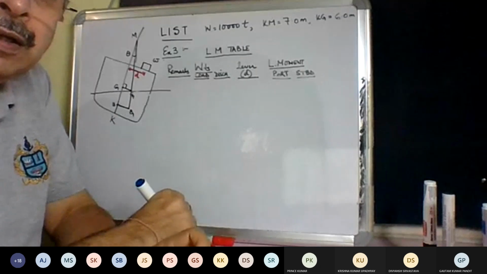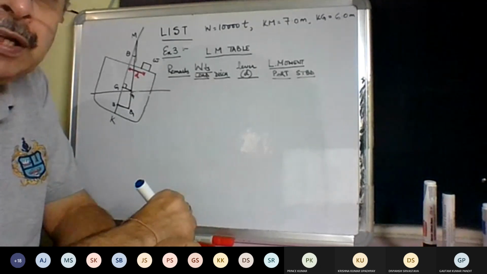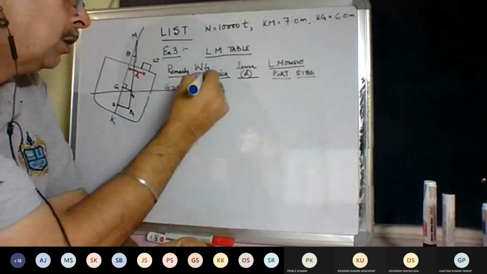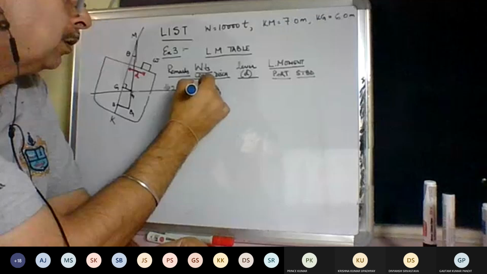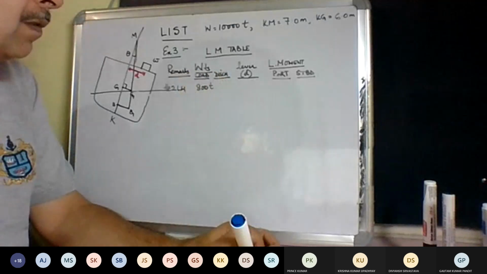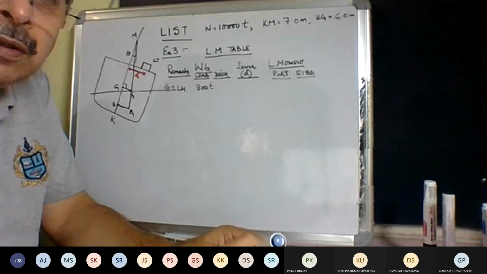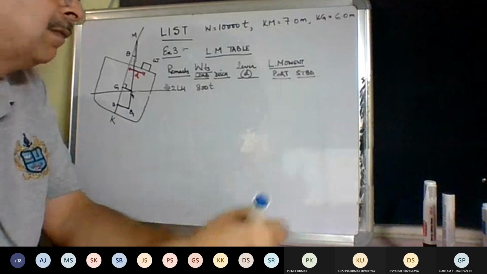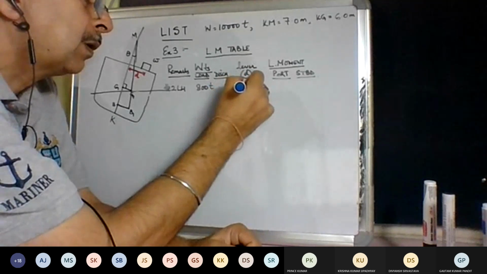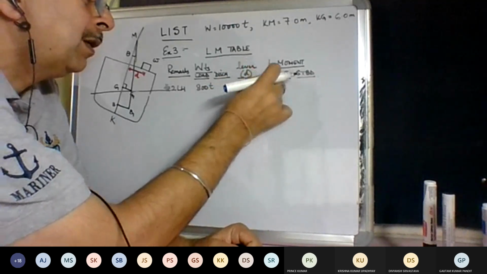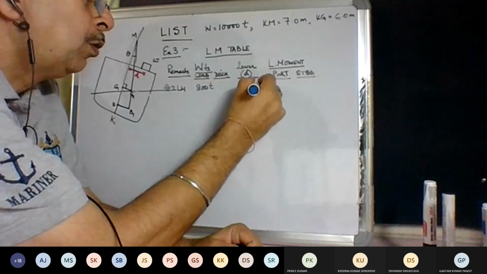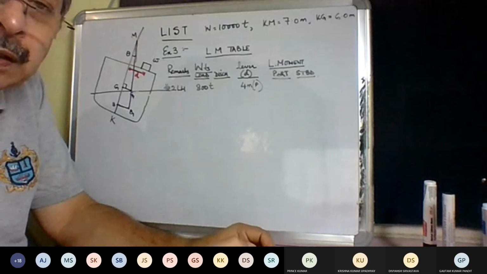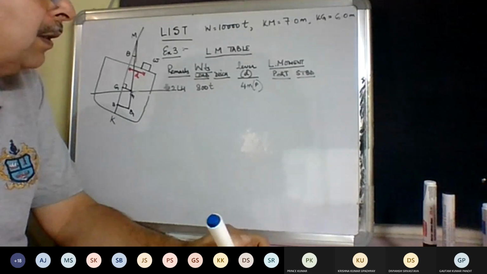First, we have loaded 800 tons in number 2 lower hold. She has been loaded 4 meters to port of center line.